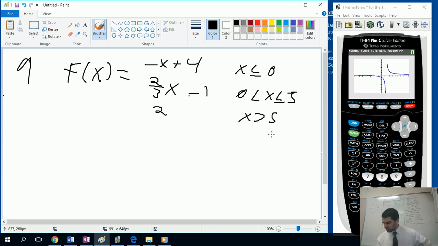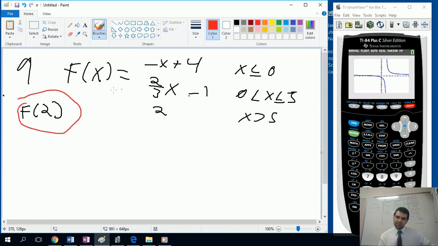So let's find f of 2. Here 2 is in between 0 and 5, so f of 2 is going to use the second function. Let's plug it in.